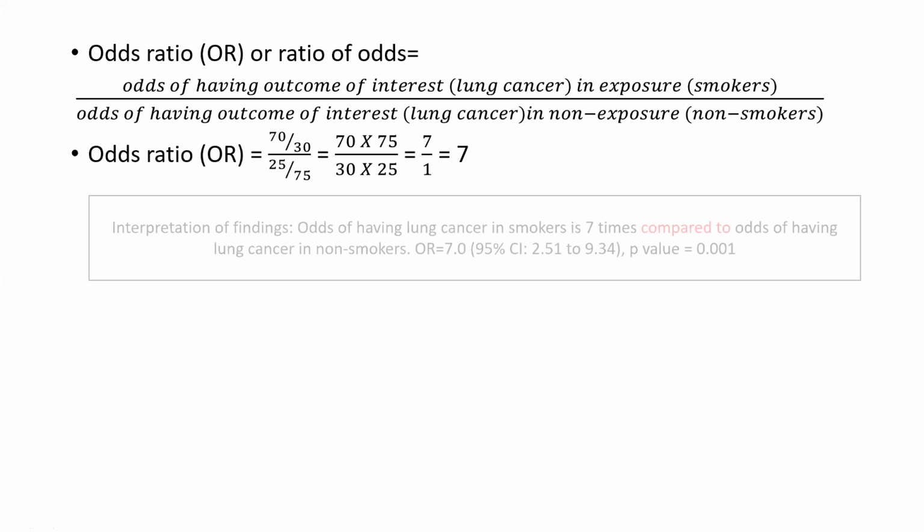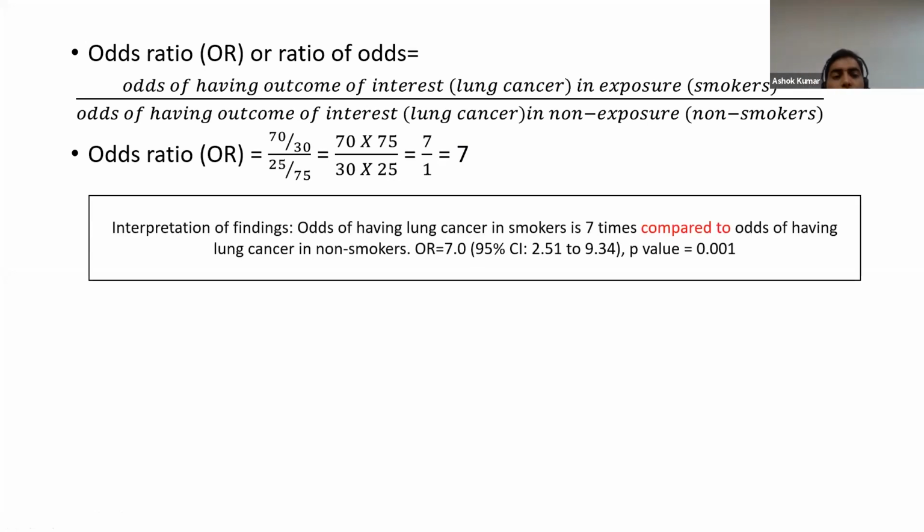Okay, and how do we interpret it? Please see it. How will you interpret this finding? Odds of having lung cancer in smokers is 7 times compared to odds of having lung cancer in non-smokers.